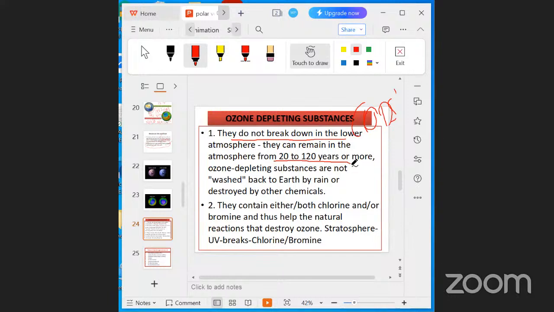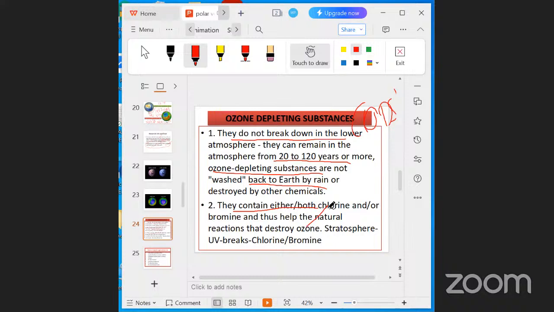Unlike most chemicals released at the Earth's surface, ozone depleting substances are not washed back to Earth by rain or destroyed by other chemicals, which means they drift up into the stratosphere. The second reason is that they contain chlorine or bromine, and thus help the natural reactions that destroy ozone.